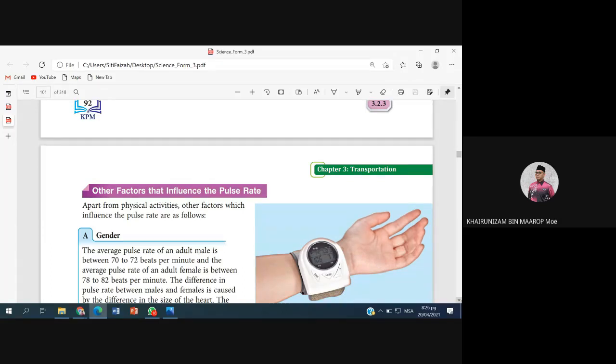So when you do vigorous activities, the pulse rate will increase. This is because our need for energy is increased. We need more energy. So therefore, the heart will pump blood more rapidly to deliver more oxygen. So we have 4 factors: gender, age, body health, and activity.